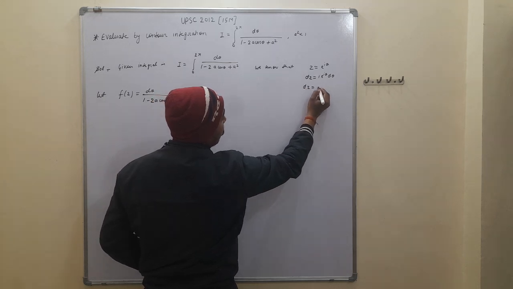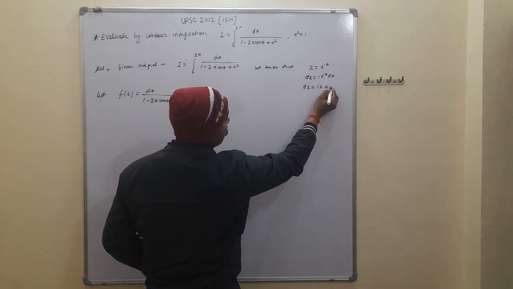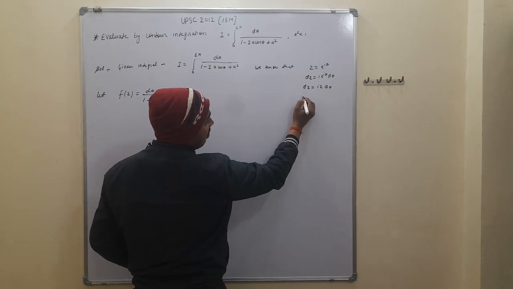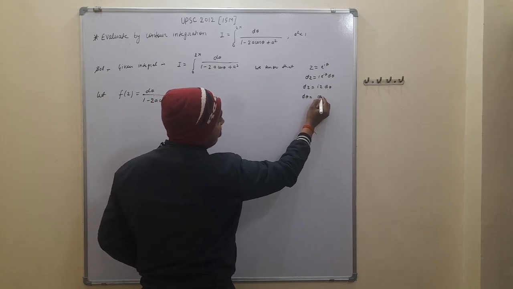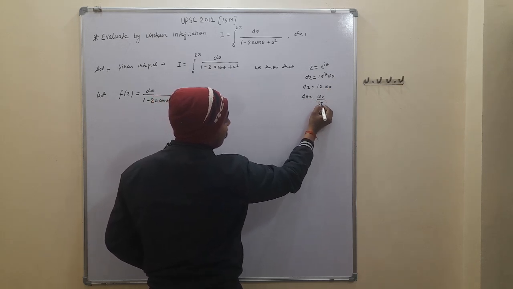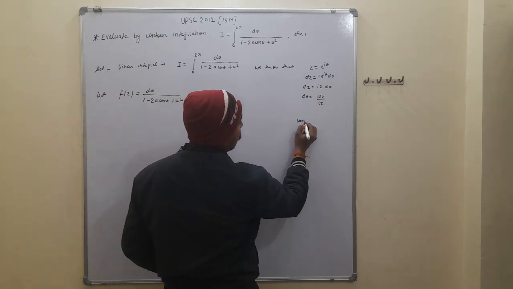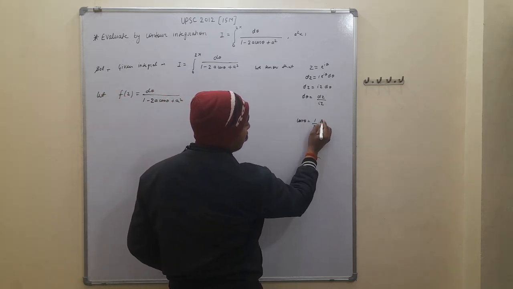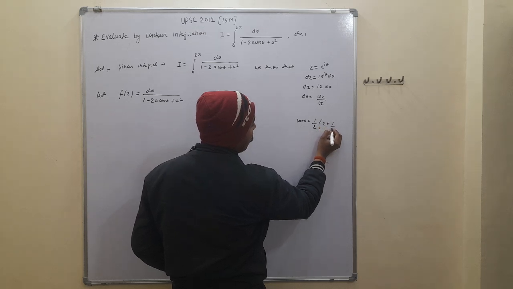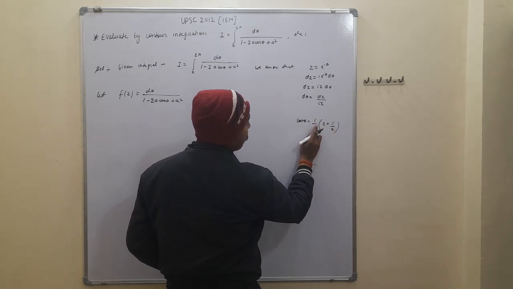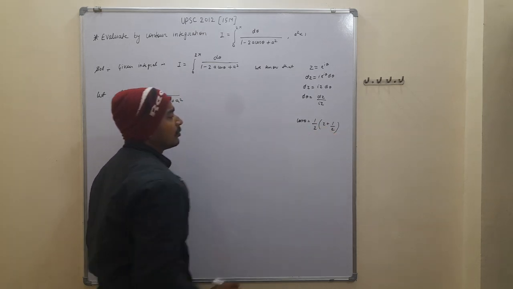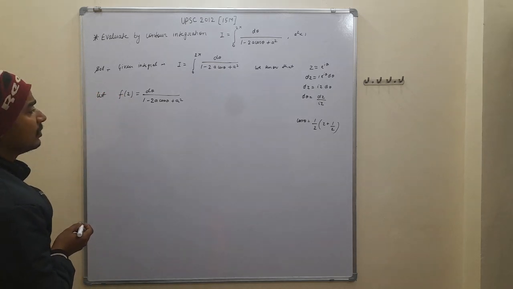From here d theta is given by dz upon iz, and we also know that cos theta is equal to 1 by 2 times z plus 1 by z.